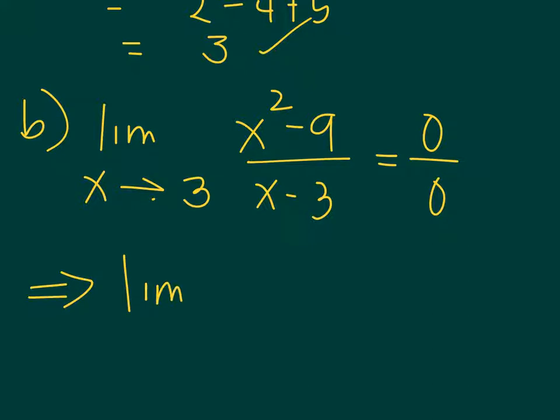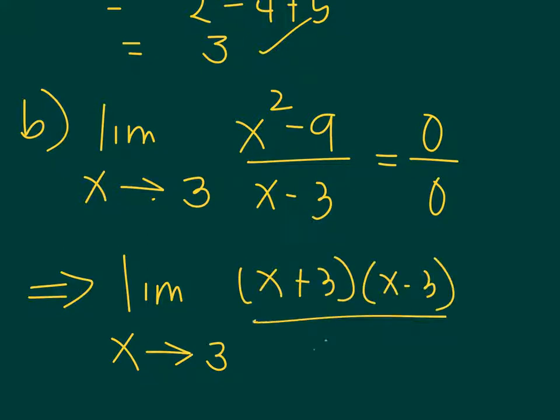And how do we simplify this? Any suggestion? How do we simplify x squared minus 9 over x minus 3? Factor. Okay, so what are the factors of x squared minus 9? X plus 3 and x minus 3.